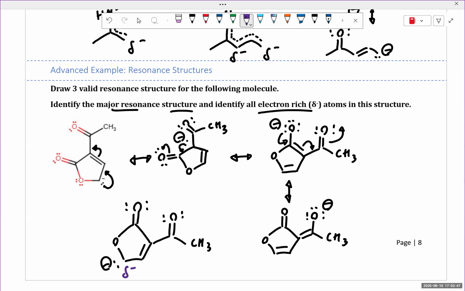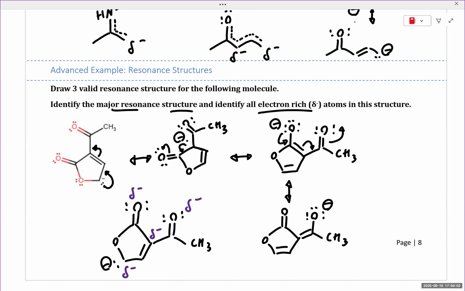So we see this atom here has a negative charge in one of our contributing resonance structures, and this atom here, as well as both of the carbonyl oxygen atoms. So with that, we've drawn out multiple valid resonance structures and identified the electron-rich atoms in this molecule. Really powerful stuff.